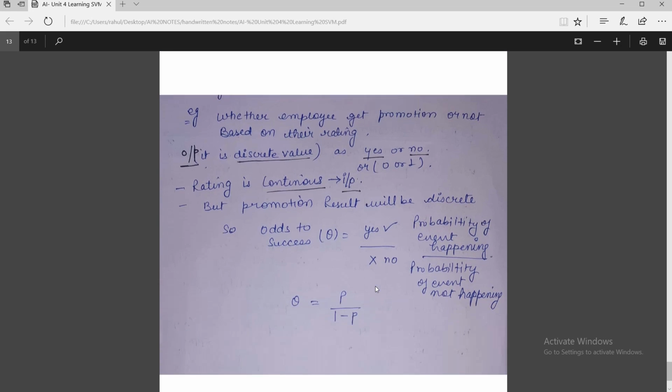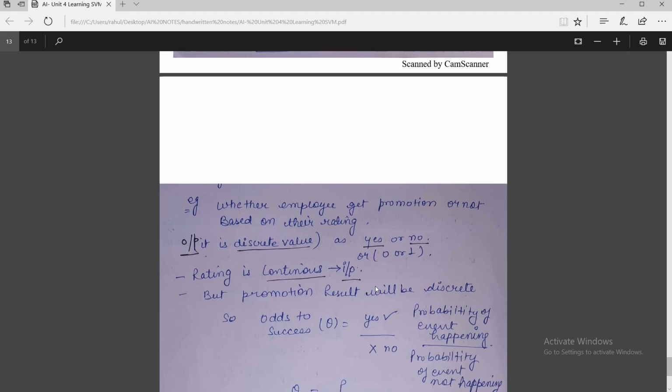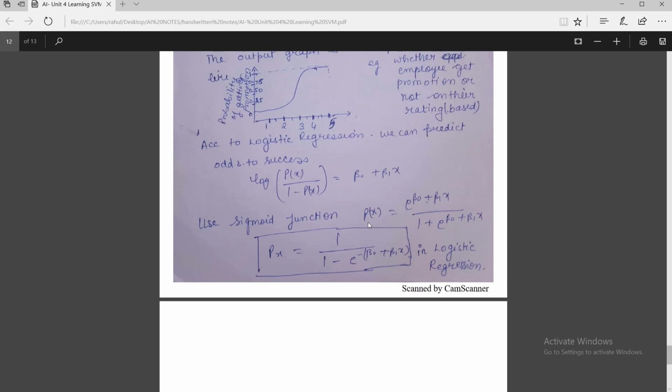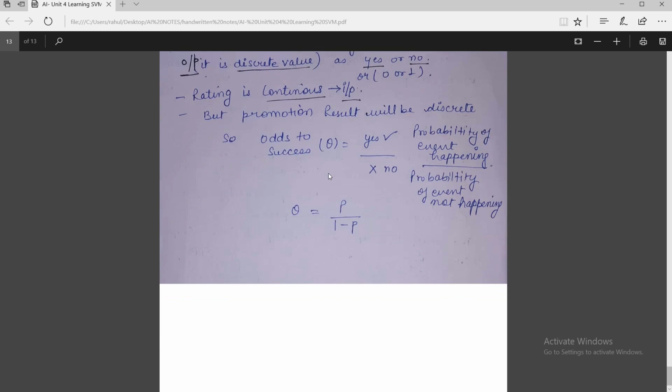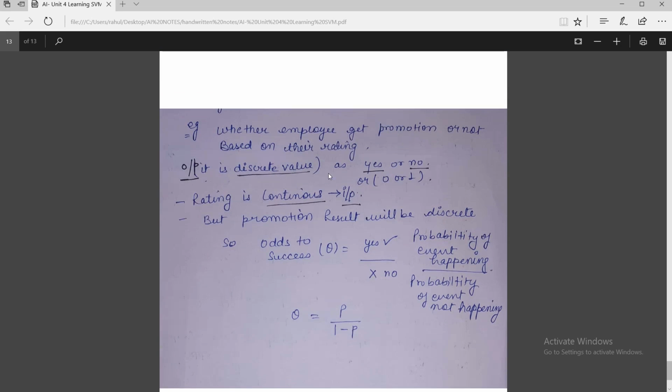This factor will be further used with some features of x as p of x, and the probability of the event not happening is 1 minus p of x. This means this will be the logarithmic term which is used to evaluate the probability of an event happening or not.